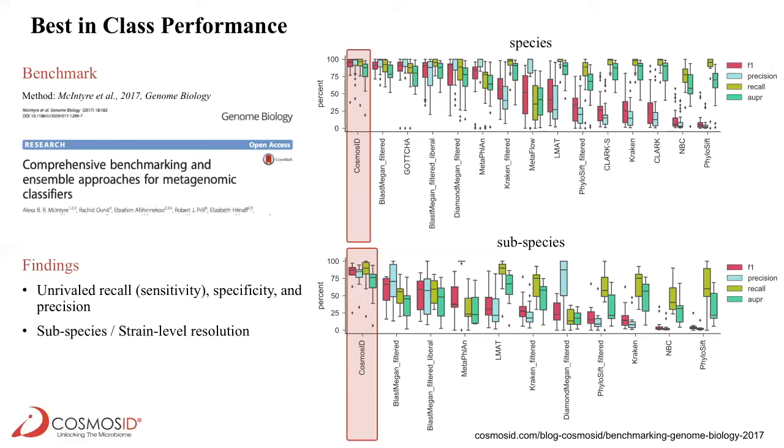We profiled those data sets with our algorithm and compared against all the performance they published in the paper. As you can see, we definitely show unrivaled recall and specificity at the species level. There is very little sacrifice of precision and recall. However, it becomes much more prominent compared to the other tools when you look at the subspecies level.